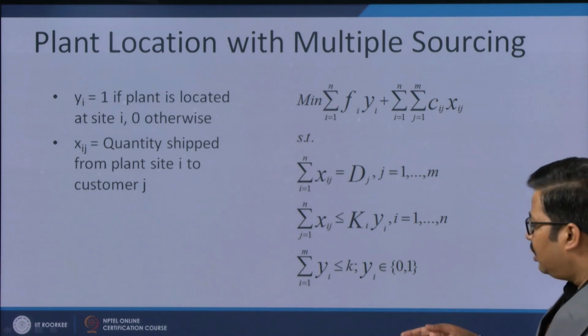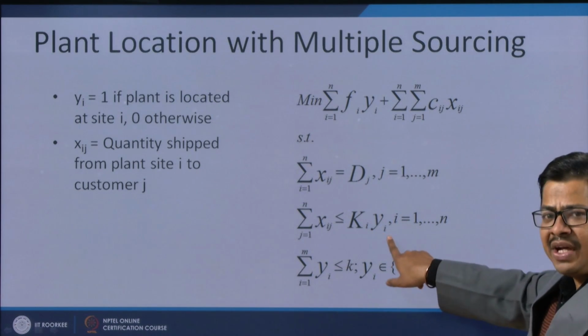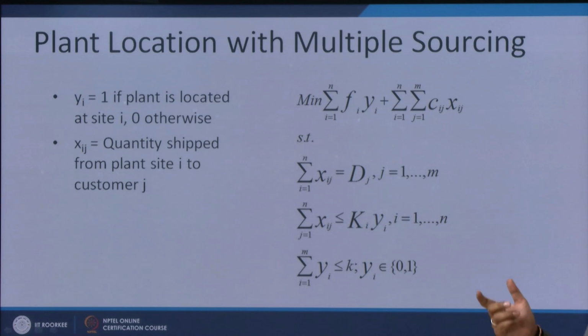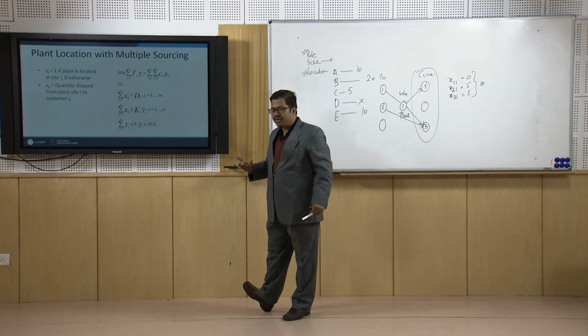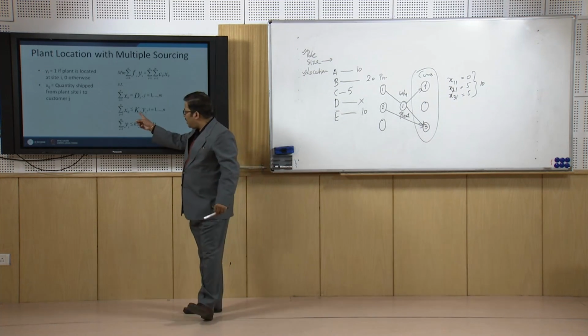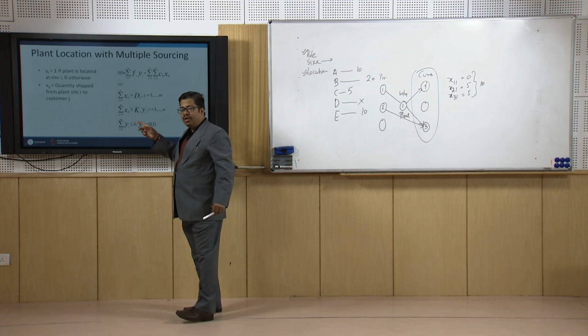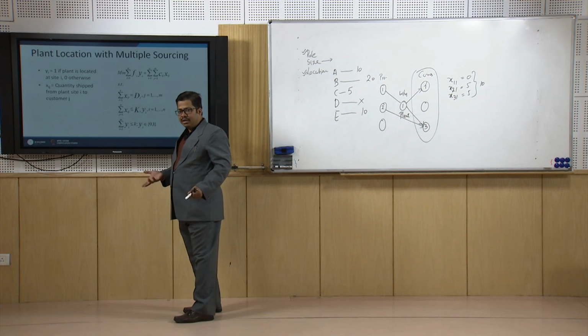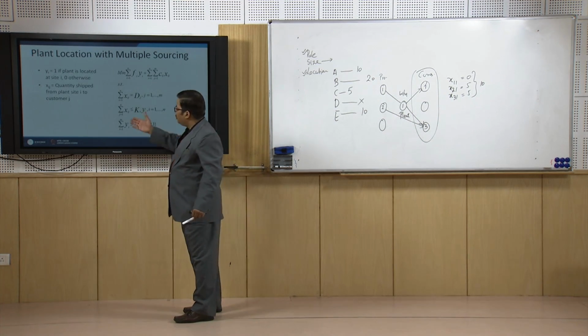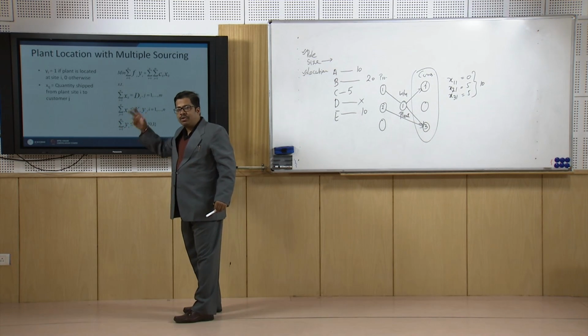But now you have introduced Yi also, because it is not necessary that there is a plant or not. So to introduce that factor, this Ki will be there only when the plant is there. If the plant is not there, you cannot supply anything from that location.